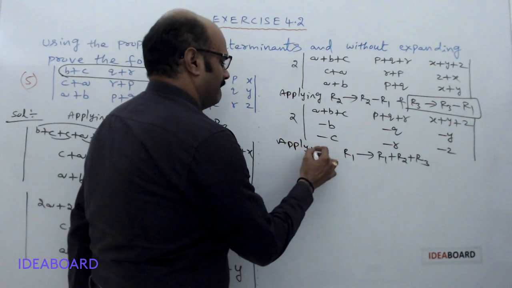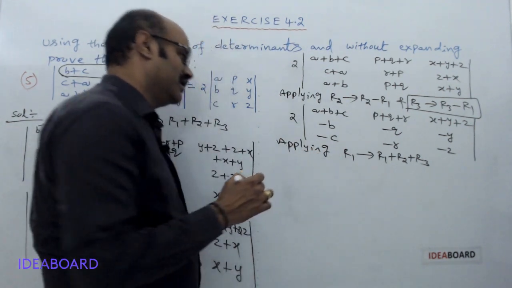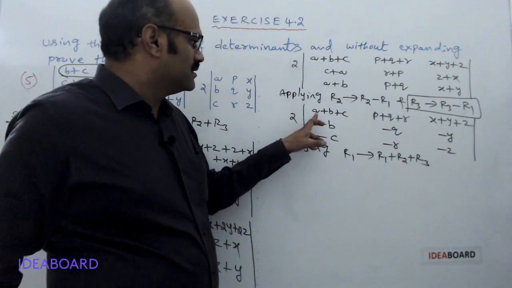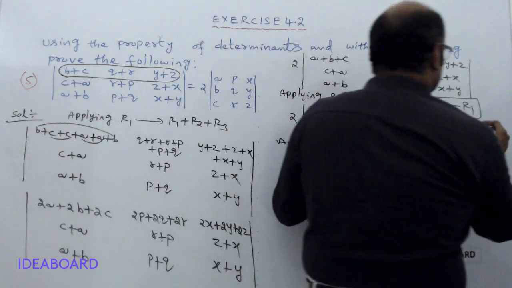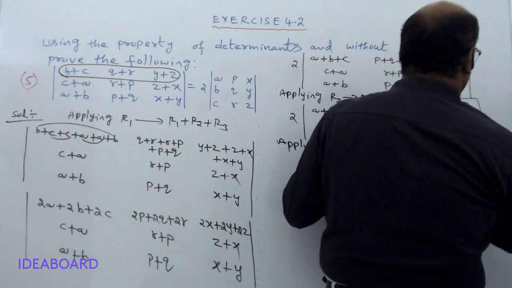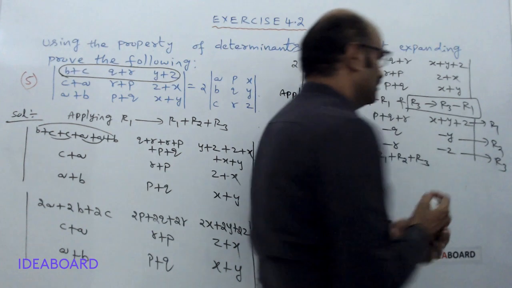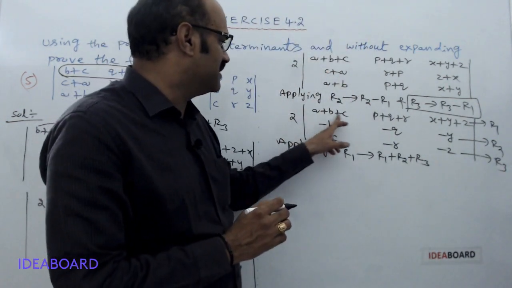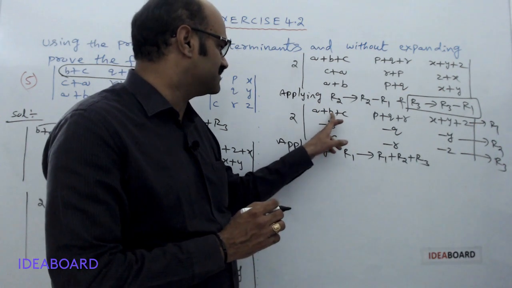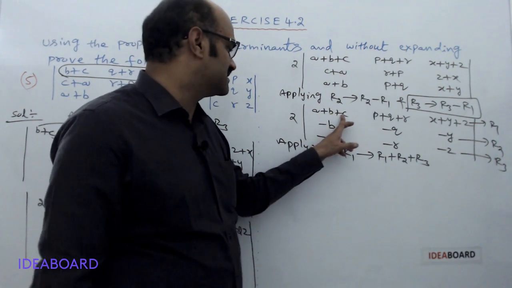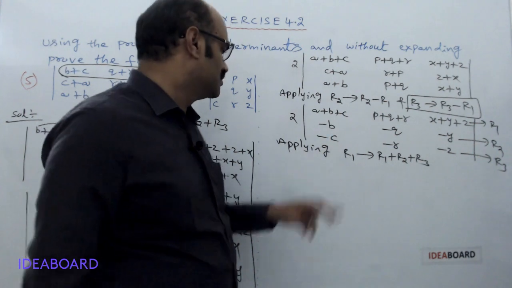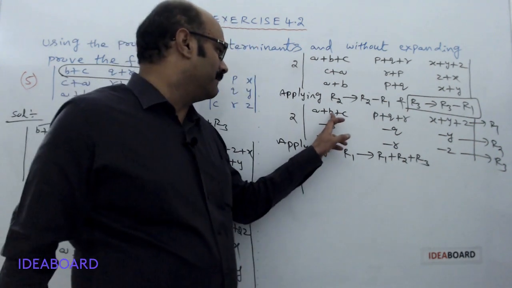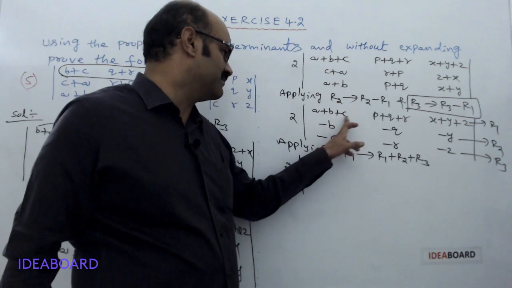Applying R1 changes to R1 plus R2 plus R3, then it becomes row 1 is this one, row 2 is this one, row 3 is this one. We have to add all the elements in this. So a plus b plus c minus b minus c plus b minus b becomes 0 plus c minus c becomes 0.